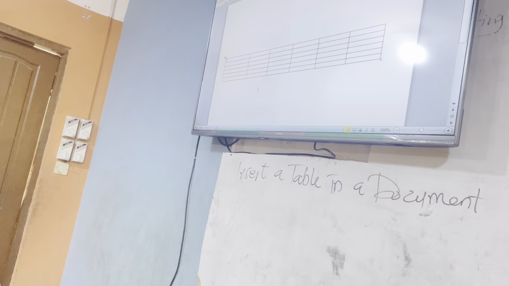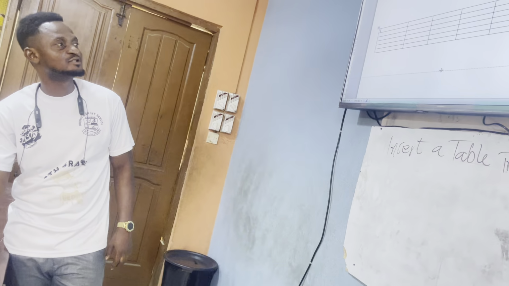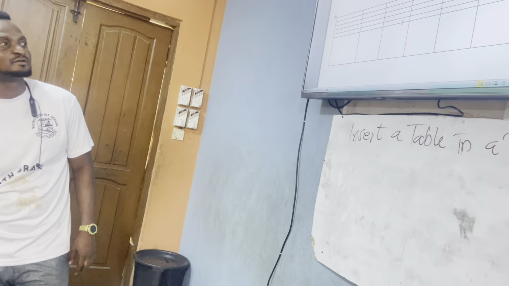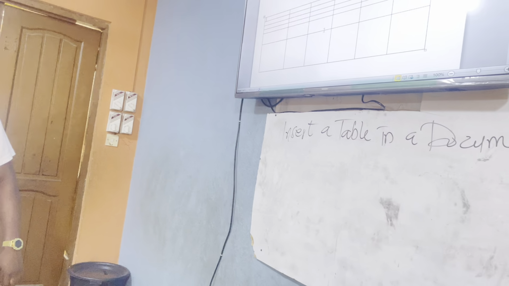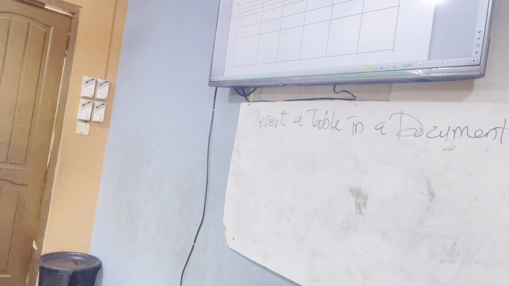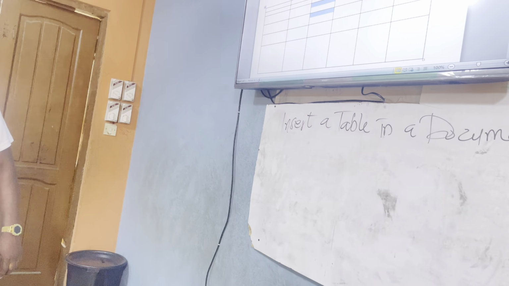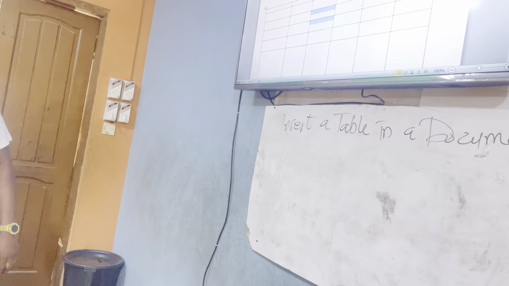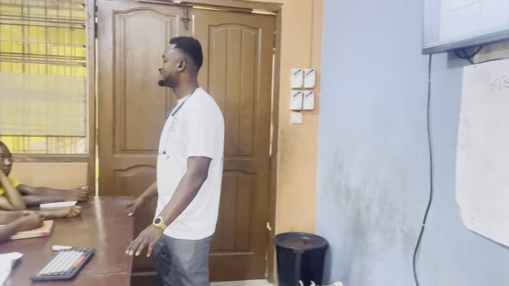So the main thing here is rest the cursor on either the row line or the column line, so that you can resize it. Have you understood it? So you rest it, it will change to a different arrow. So I have resized the table.